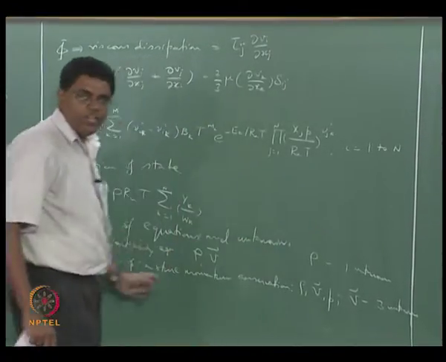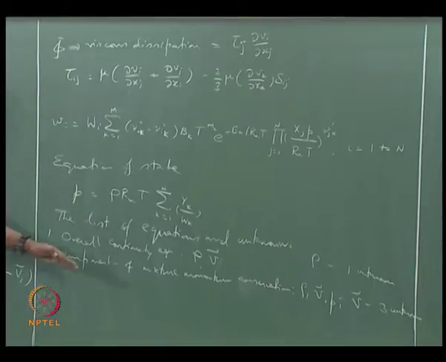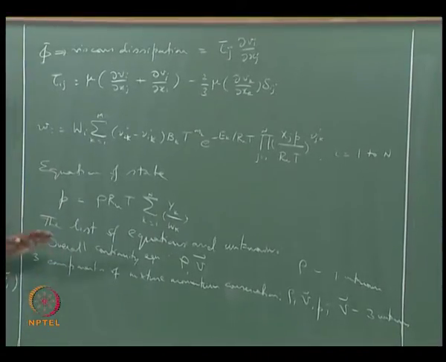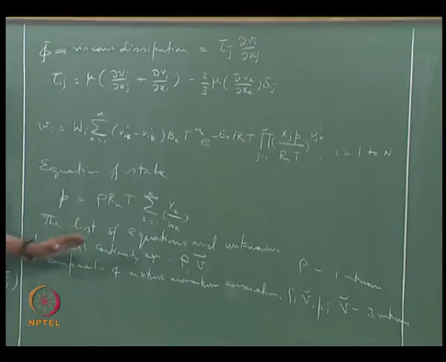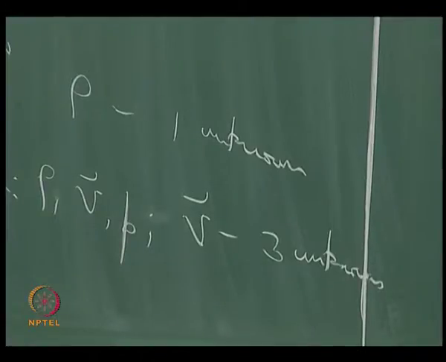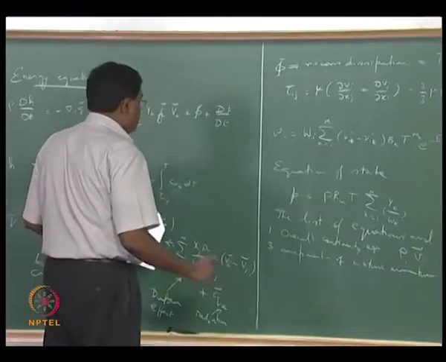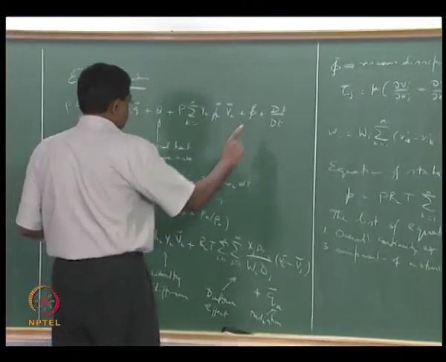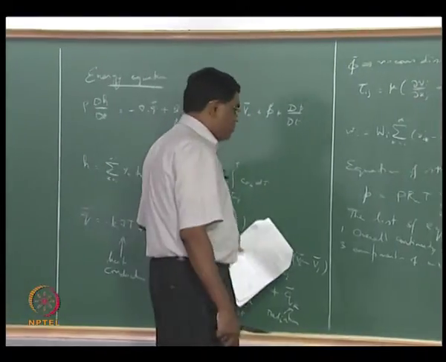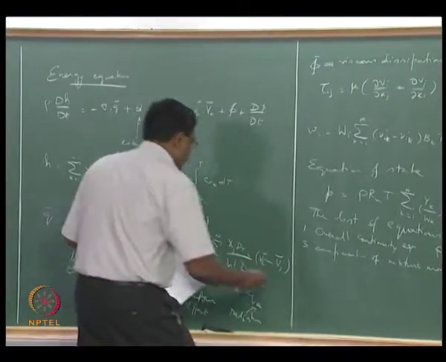So long as we keep doing this, we should hope that finally we will have the same number of unknowns as the number of equations. We still have one more unknown that we have to write an equation for, and let us suppose that we pick the energy equation. The energy equation does contain p, although it's not really an evolution equation for p. We will now see that it involves other unknowns. So, one energy equation.